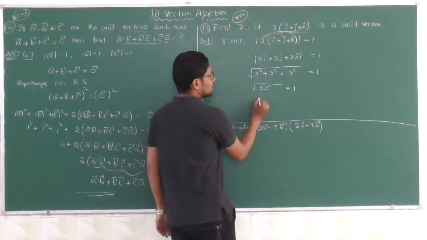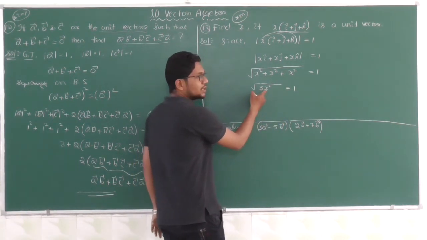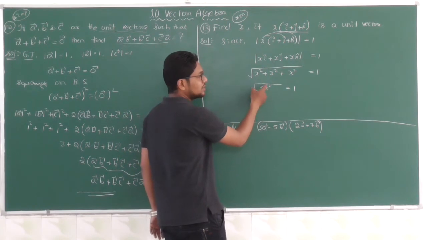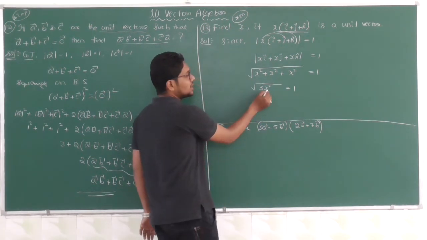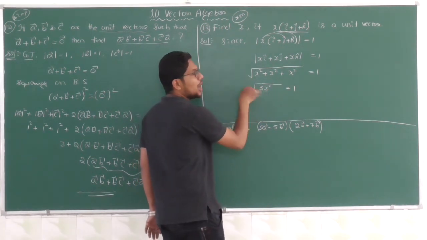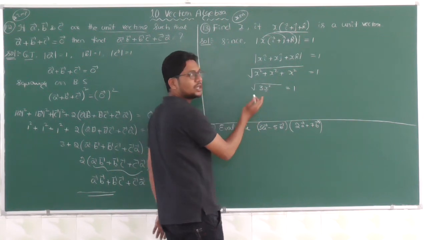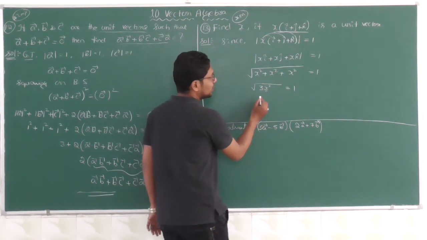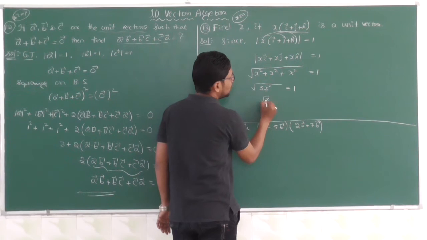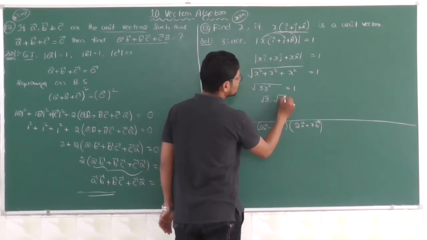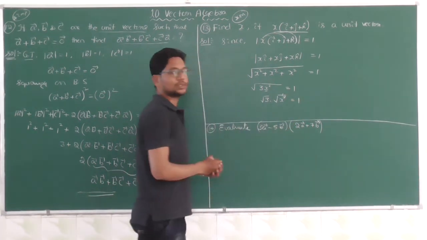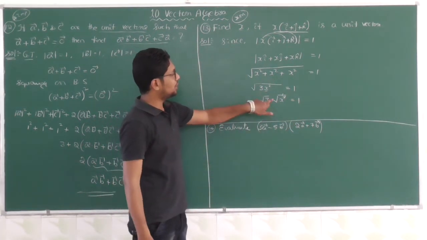Inside the square root it is x square. What about outside the square? It is x only. Then root 3 into square root of x square, the square root gets cancelled, that equals root 3 into x.